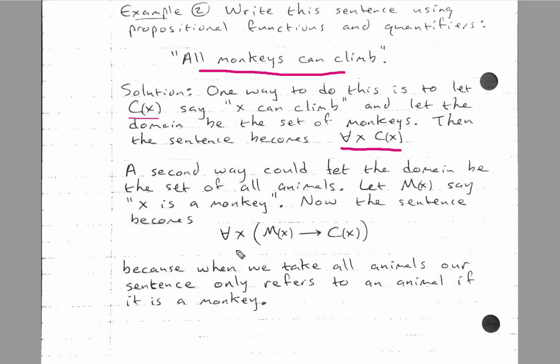But if you're a monkey, then you can climb. Okay, so why do we need an implication? It's just because the sentence only refers to an animal if it's a monkey.